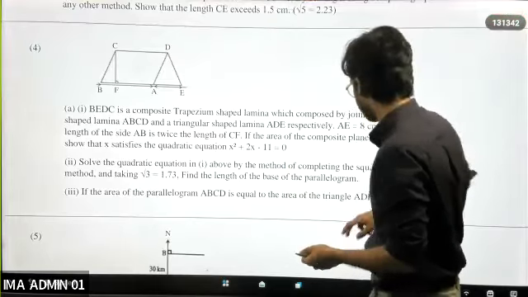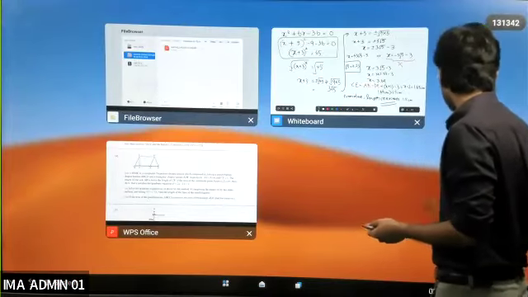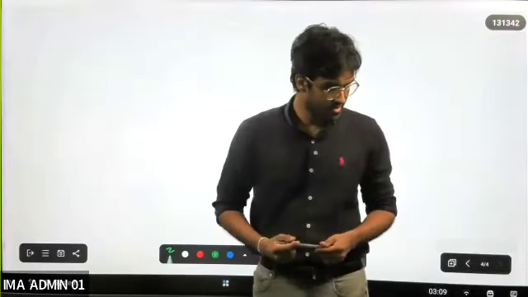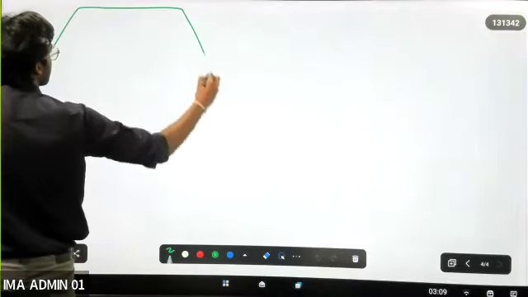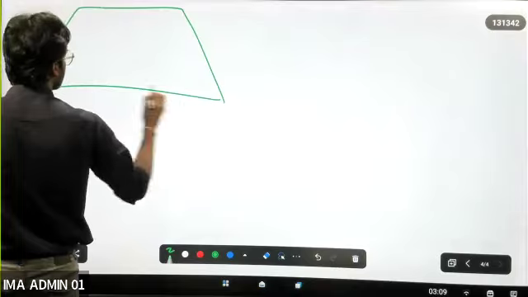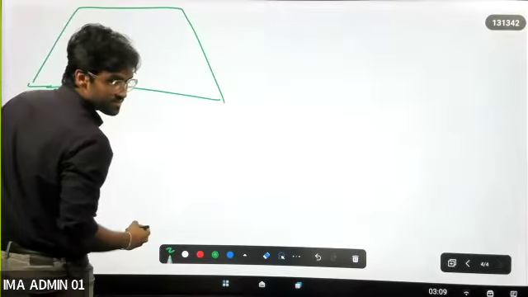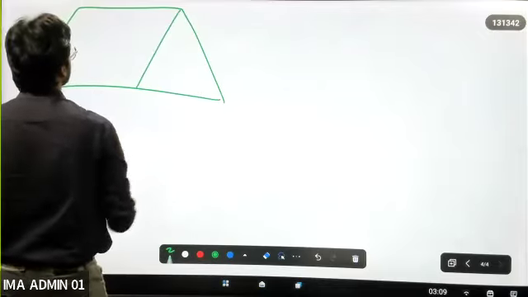I think I cannot edit here, so I have to go to the whiteboard once again. So there's a trapezium ABCD. And there is, I think, a parallelogram accordingly here.